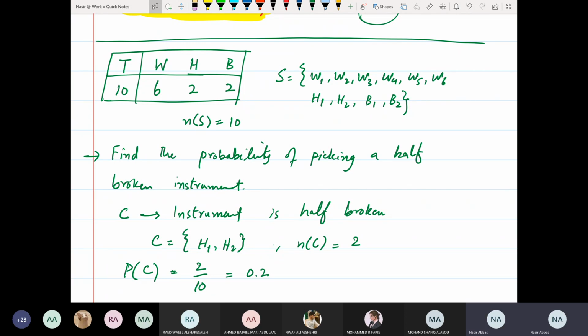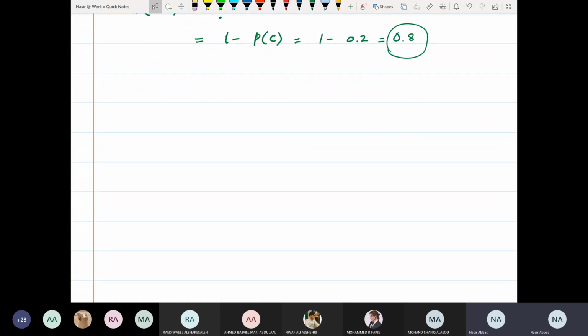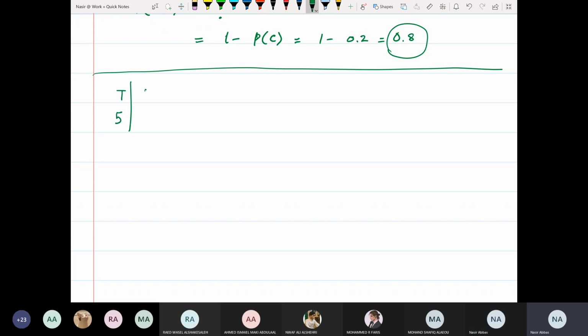But if I pick 2 or 3 or 4, or anything more than 1, the counting of possible outcomes is not very easy. Let me give you an example of this. Let's go back to our small example of only 2 categories, where we had a total of 5 instruments. 3 of them were working and 2 of them were defective. And I pick 2 instruments instead of 1.